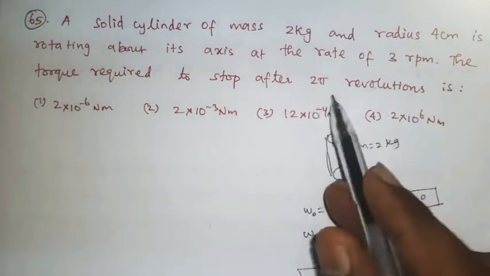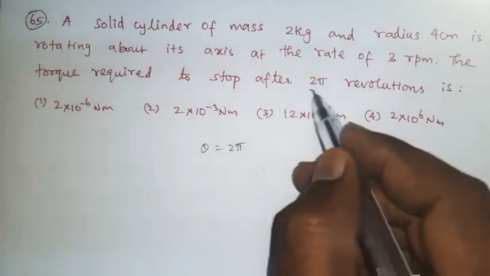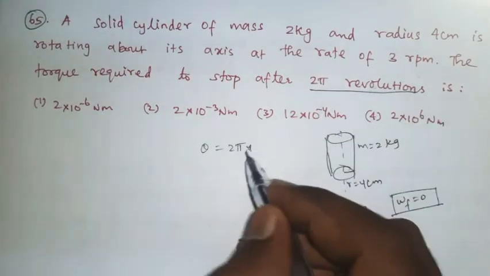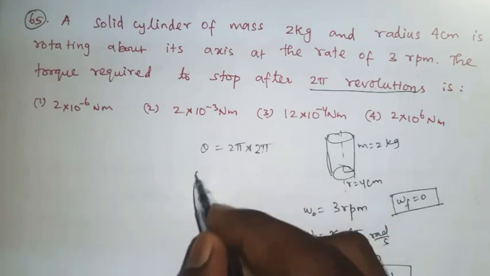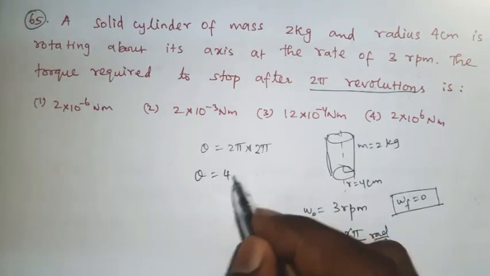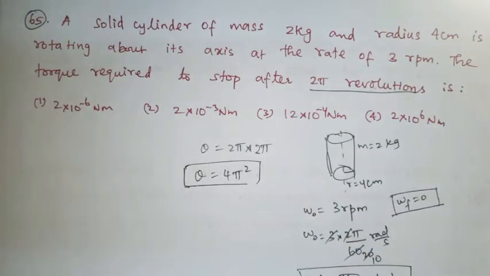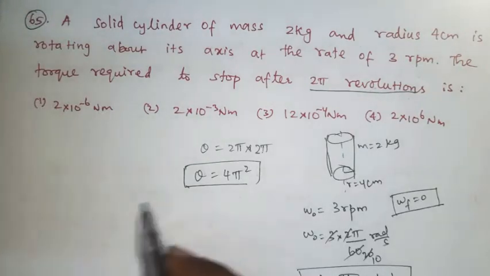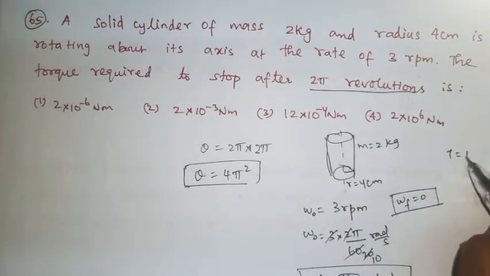Next, one more conversion. Here 2 pi revolutions. So theta, the angular displacement, is 2 pi revolutions. One revolution value is 2 pi. So theta is equal to 2 into 2 pi, that is 4 pi into pi, pi square, 4 pi square. Now we will find the angular acceleration because the torque formula is tau is equal to I alpha, where alpha is angular acceleration.